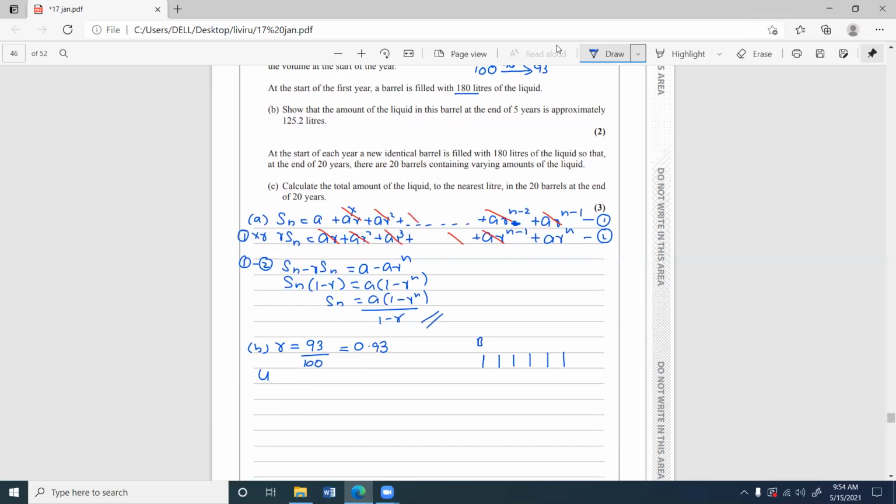Beginning, end of first, second, third, fourth, fifth. So it's U6. The nth term is ar to the power n minus 1. The a is 180 times 0.93 to the power 6 minus 1. It turns into that.